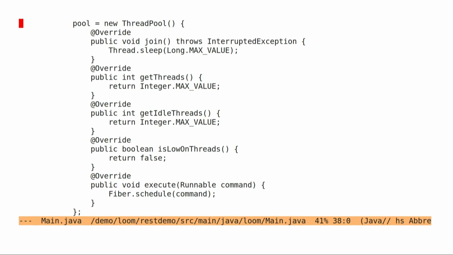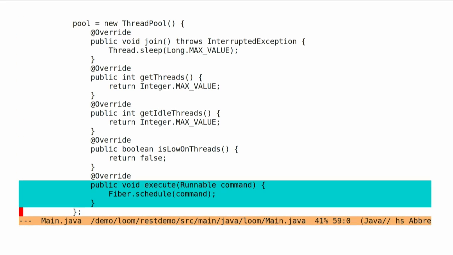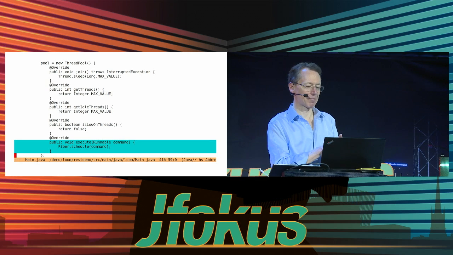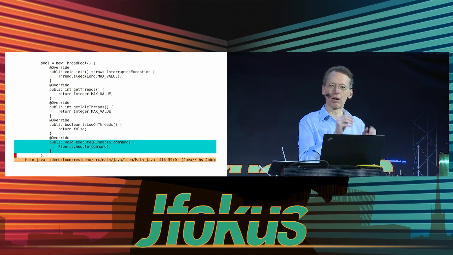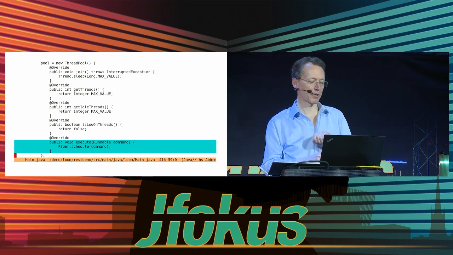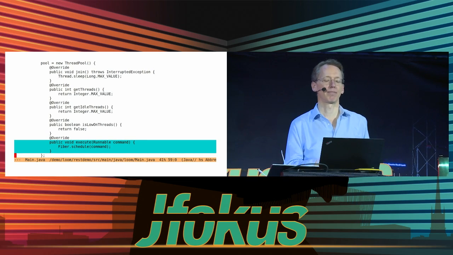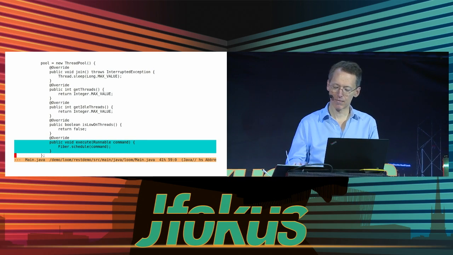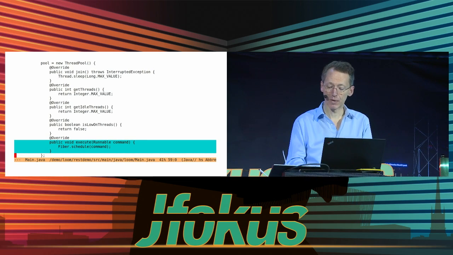It just requires that you're able to do certain basic operations, such as join and get idle threads and so forth, and that you're able to execute a runnable. So we just provide the Jetty web server with a variant of its thread pool abstraction, where we override the execute method and say, well, you want to execute this runnable, throw it on a fiber, let it go. And that's all we had to do.